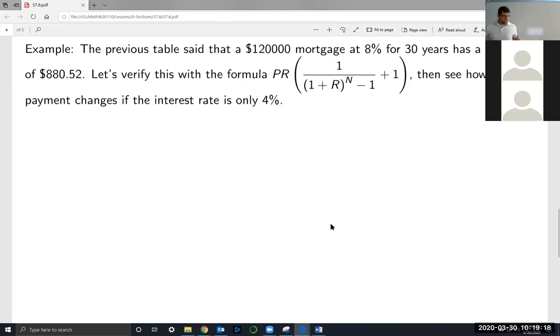Okay, so I'm going to write our little equation up here, and I want y'all to tell me what goes where. Look at it for a second while I write it up.